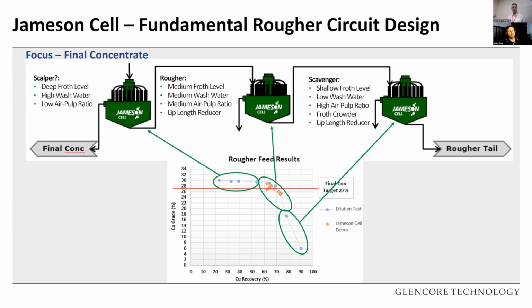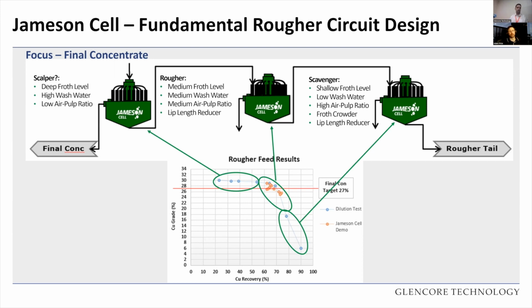And if a third scavenger cell was required, this would obviously be targeting that last portion of probably your composite materials, more difficult to float. In conjunction, the cell would typically be run quite aggressive with shallow froth depths. You probably wouldn't have any wash water or very minimal.